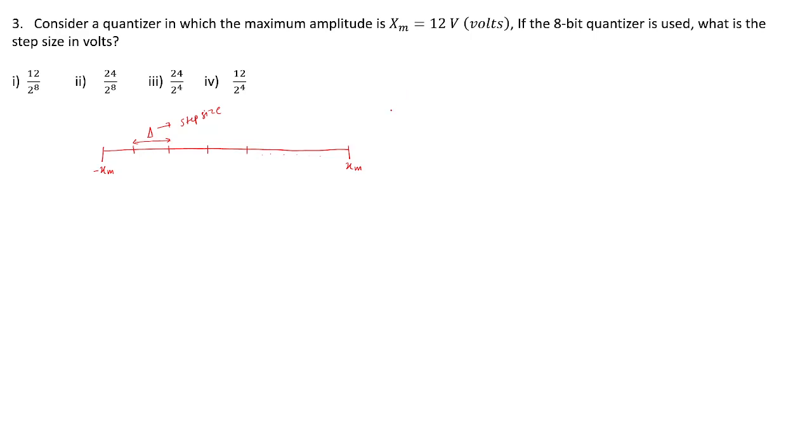So let us write down here: the maximum amplitude of the quantizer is equal to 12 volts. For an 8-bit quantizer there are 2 to the power 8 different representations, which also means 2 to the power n different levels.